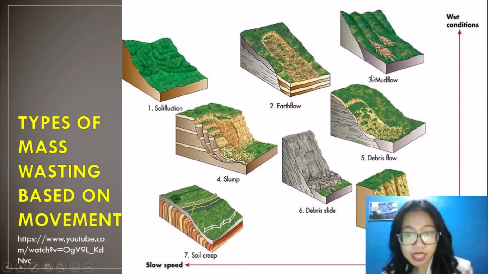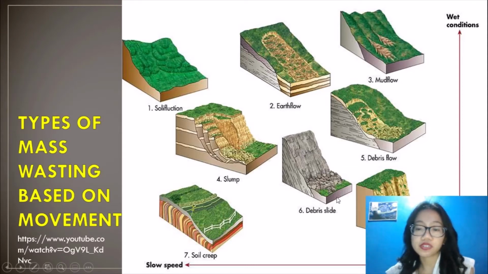The fastest among all happen in wet conditions, which is mud flow, and also rock fall as well. Mud flow happens in wet conditions, so very fast, very dangerous, and then you have your rock fall, which is also quite fast and happens in dry conditions.